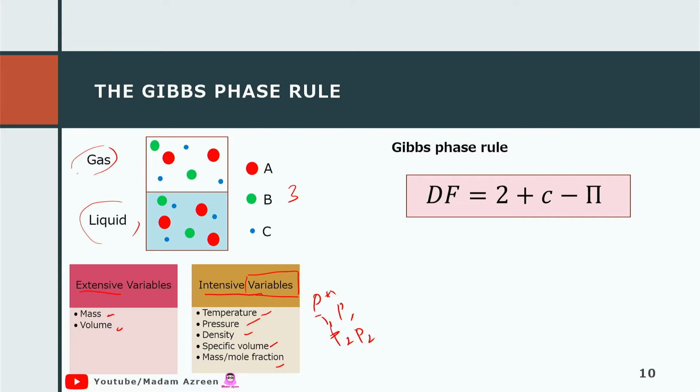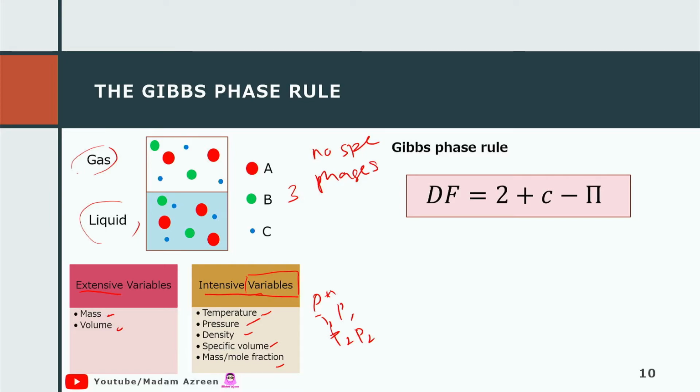But last time when you calculated the degree of freedom, you just listed out all the unknown variables. Here, the number of variables is increased because you have to consider the number of species and the phases. So it will increase your unknowns.